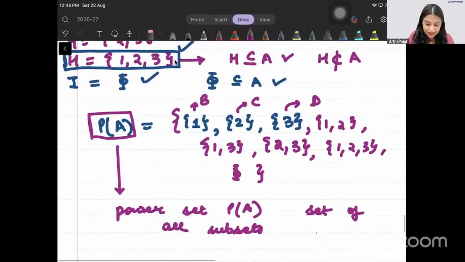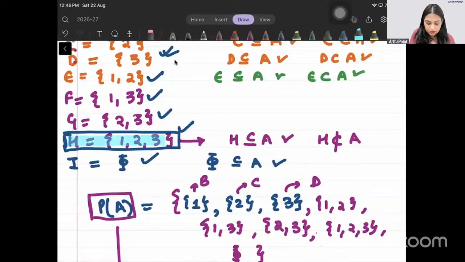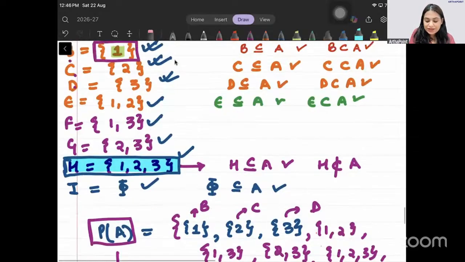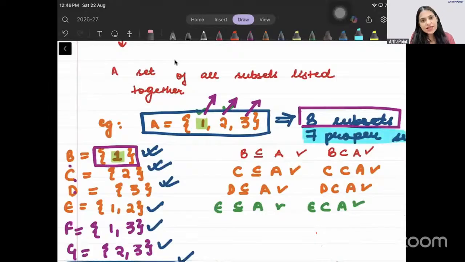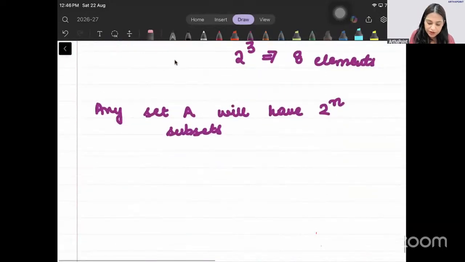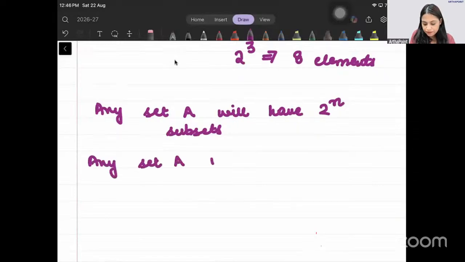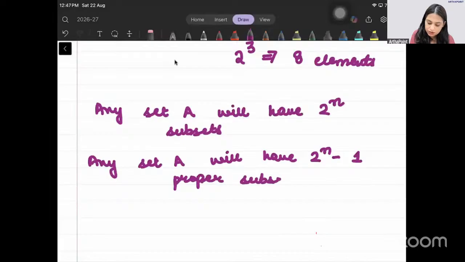But out of these, one subset was the equal one. This was equal. So how many proper subsets were formed? 7 proper subsets. So we can go ahead and say that any set A will have 2 to the power n minus 1 proper subsets. It will have 2 to the power n minus 1 proper subsets, right? So this is what we are saying.